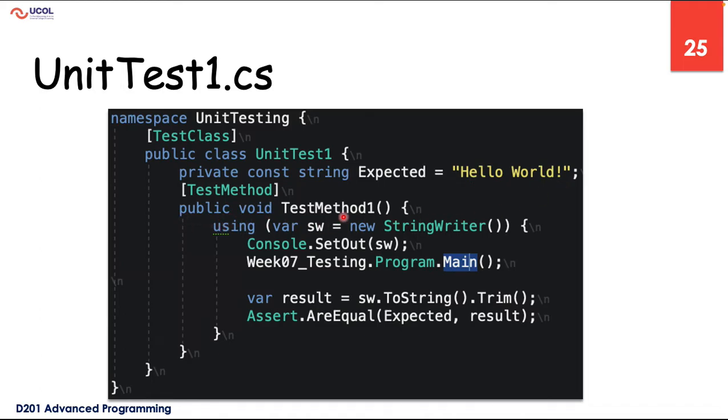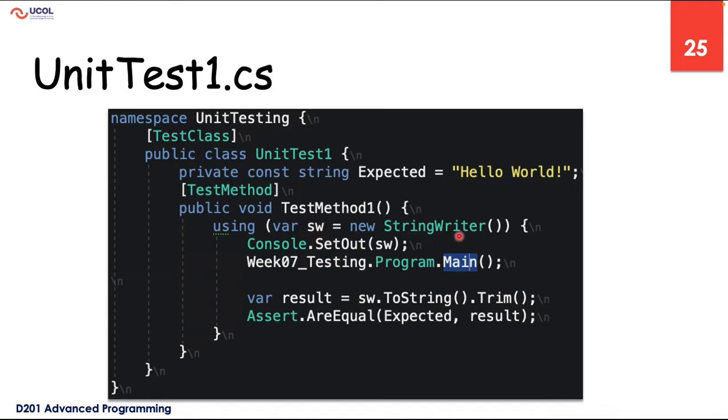And then inside the code we use the variable sw, a new StringWriter. Instead of printing on the command prompt, we use Console.SetOut(sw), so that the console prints the output to sw, that is a string writer.